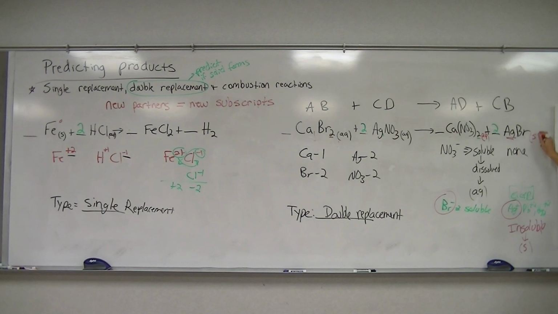So I'm going to put an S. And remember, this S doesn't mean soluble, this S means solid. It's counterintuitive because when you say soluble, you want to write an S, but no, insoluble is S, because insoluble means not dissolved, solid, precipitate formed. So this would be our precipitate, our solid, the silver bromide.